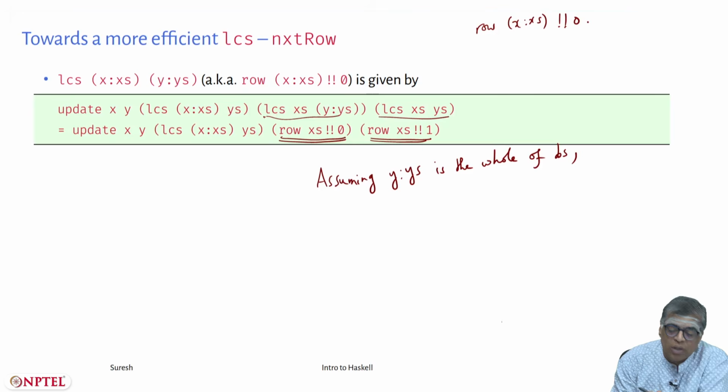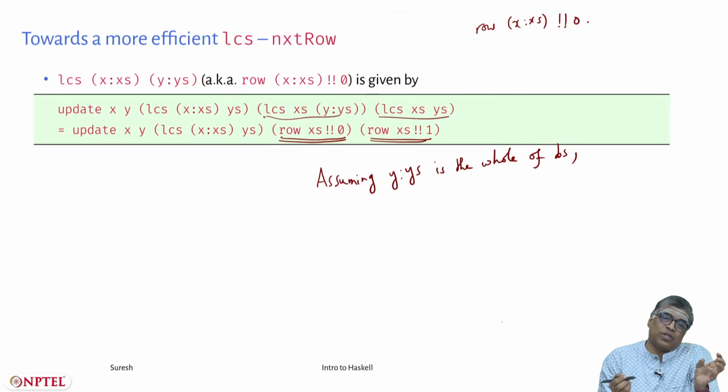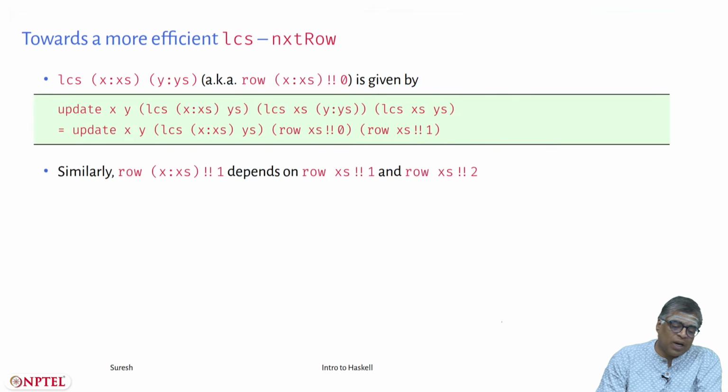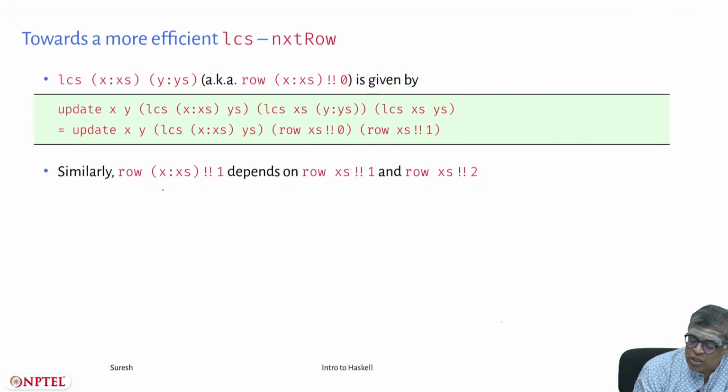What about this value? This is not rho of x's, this is rho of x colon x's, which we are building, and we somehow want this thing, and you will see that rho of x colon x's at 1 depends on rho of x's at 1 and rho of x's at 2, okay. So that is the point.